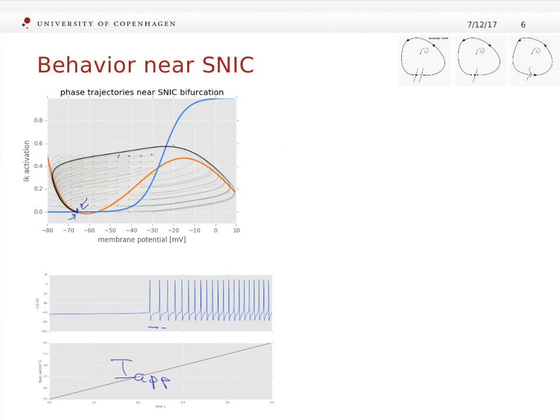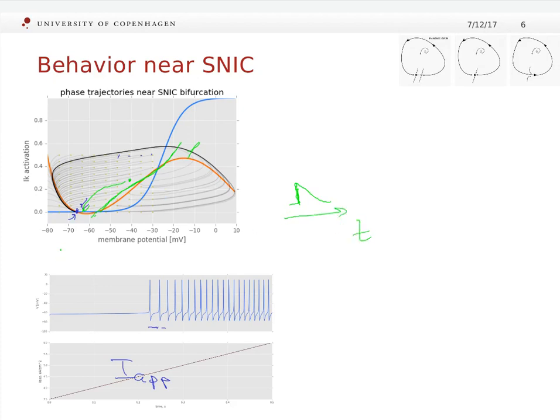And let me show it here. Yeah, so this is it approximately. So the threshold for a neuron is not a fixed value of membrane potential, it's actually a line or a higher dimensional manifold. If we start left of this line, we will have a subthreshold response. So we have something like this in time.